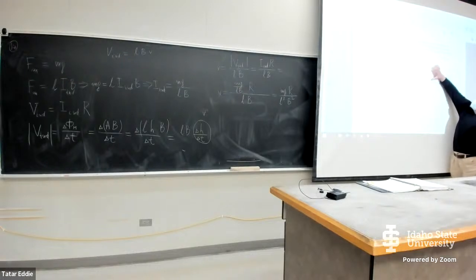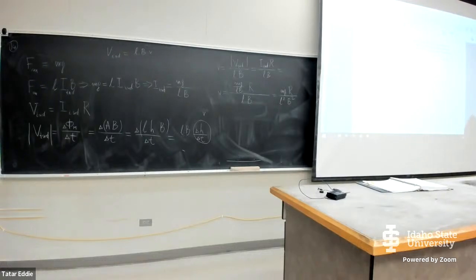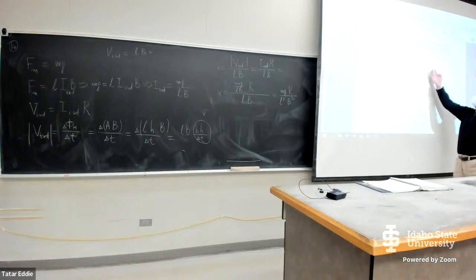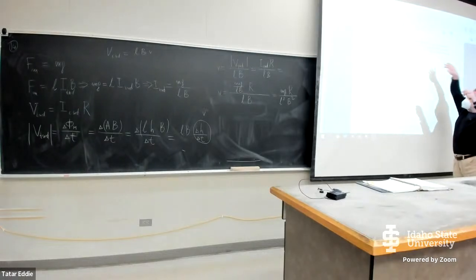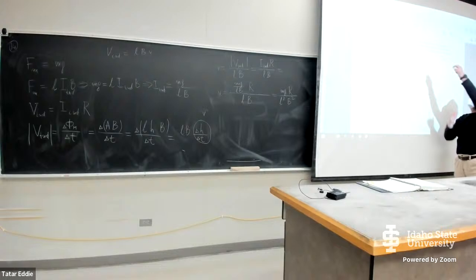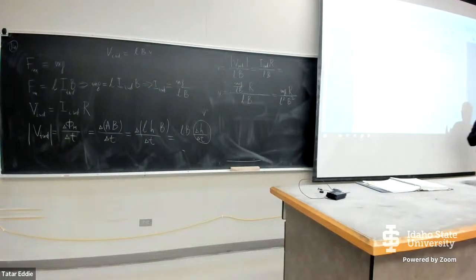If current is flowing this way, the magnetic field of that current is going to be into the board. But this means that you're going to have a North Pole behind the screen and a South Pole in front of the screen.